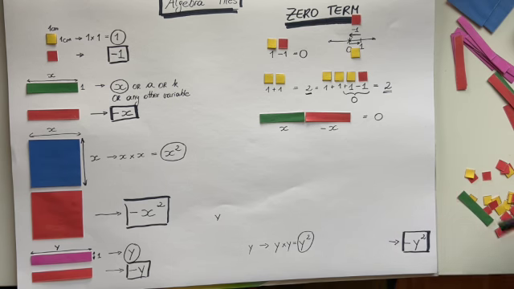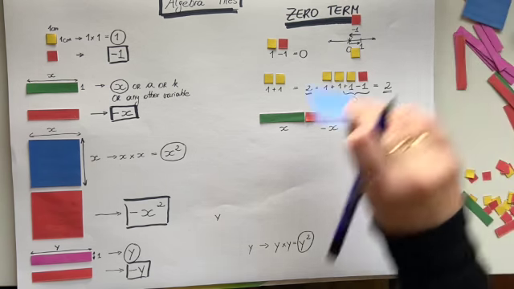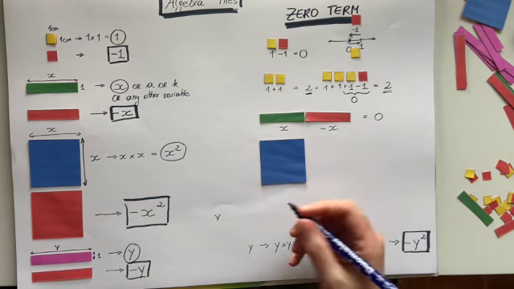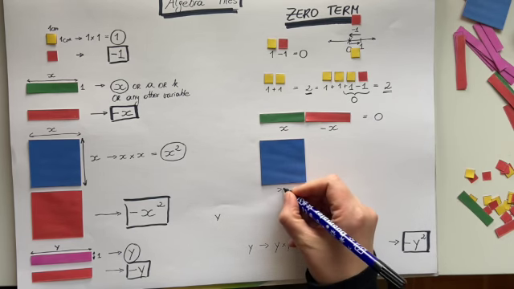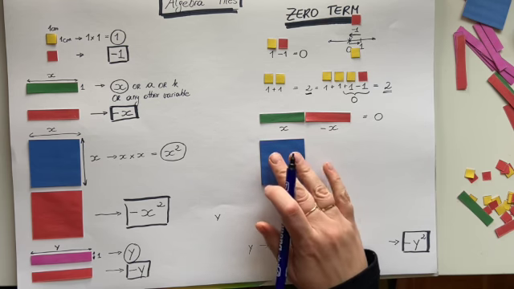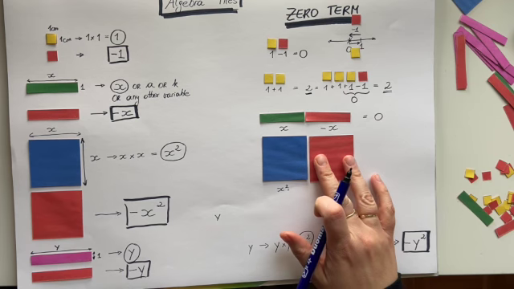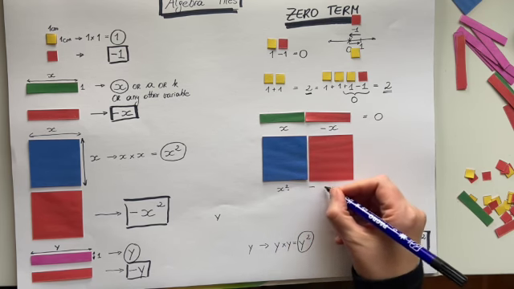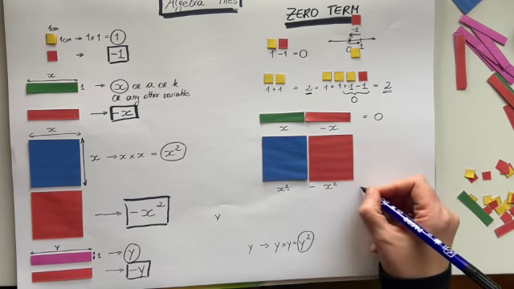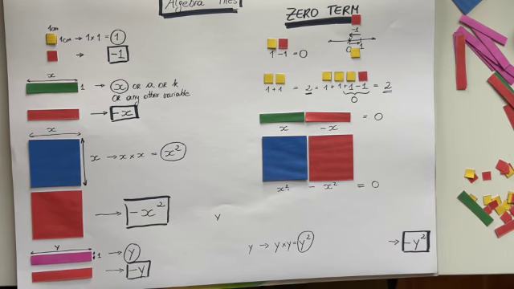Or x squared adding a negative x squared also gives you 0. And that's where I want to finish today.